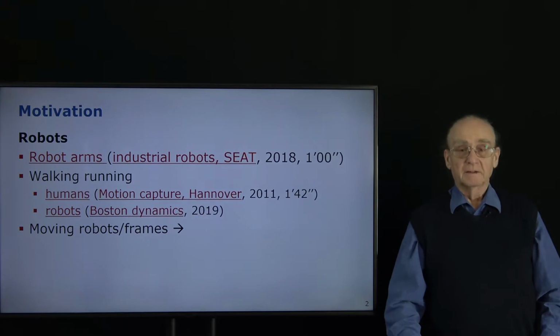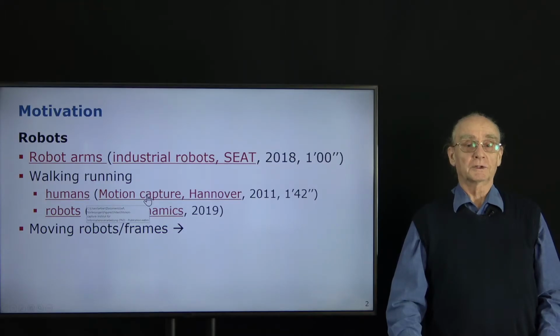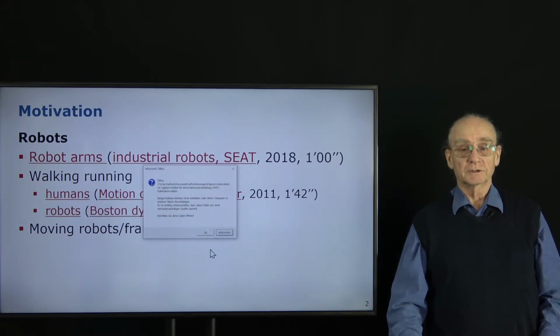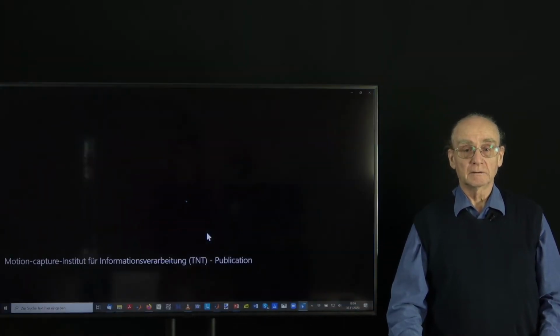The second example are walking or running humans or robots, and I show you an example for motion capture with a video camera from Hanover, which is shown here.